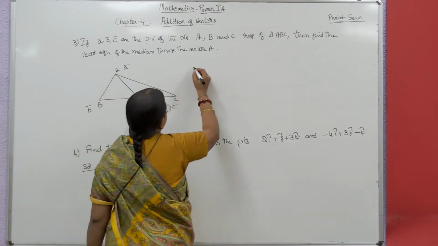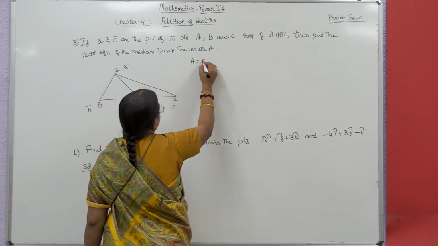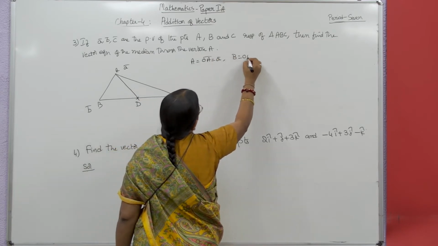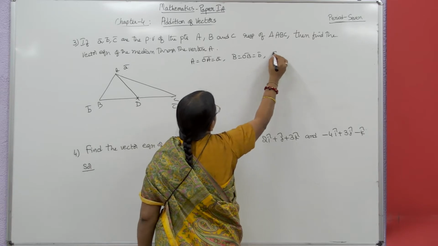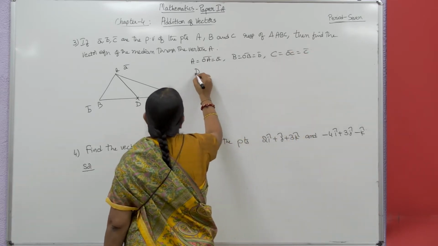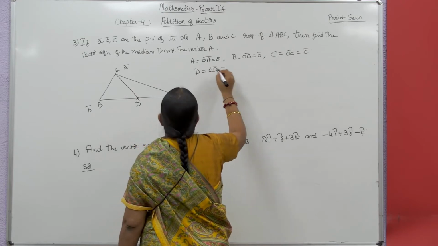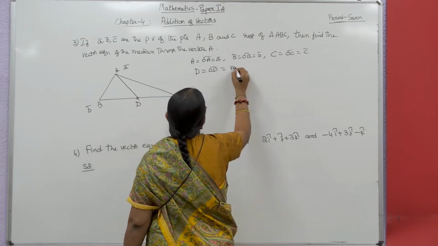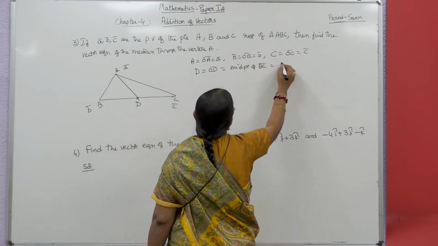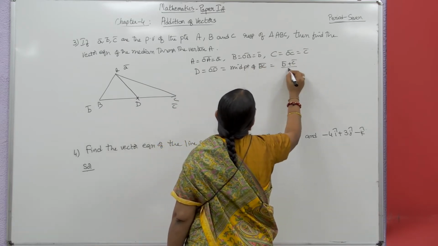You are given OA is equal to A, OB is equal to B, and OC is equal to C. Now D means OD. What is the midpoint formula? D is the midpoint of BC, so its position vector is B plus C by 2.